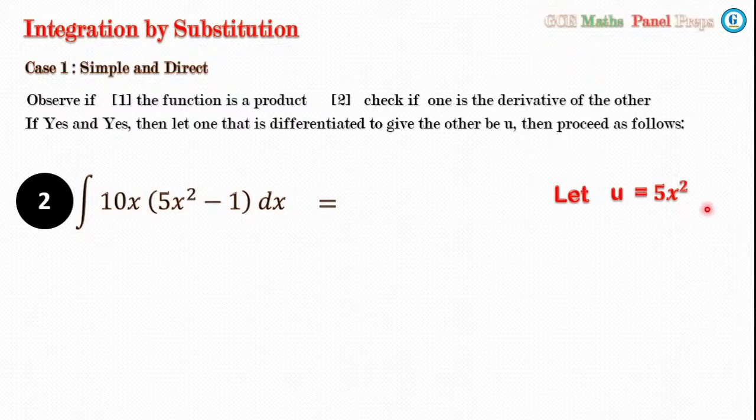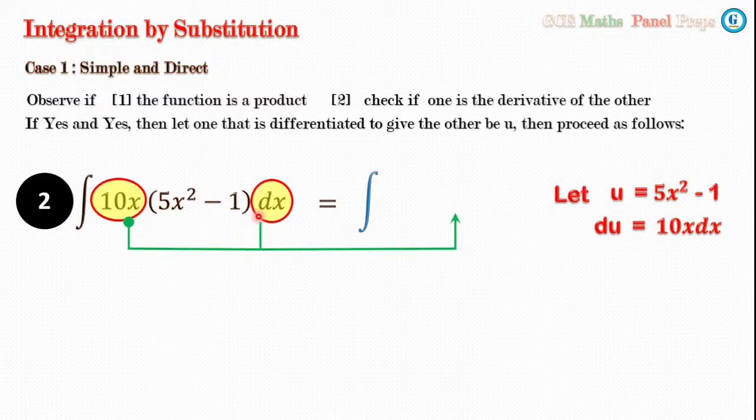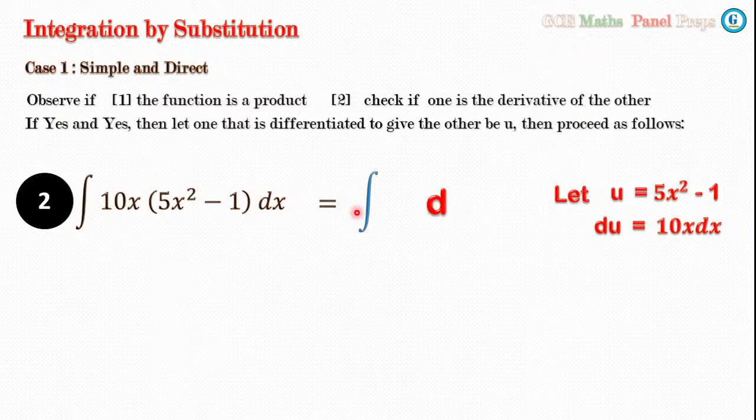Then we differentiate both sides with respect to the variables, and we will have du equal to 10x dx. So back to our equation, we can now replace this 10x dx by du, and we replace 5x squared minus 1 by u.